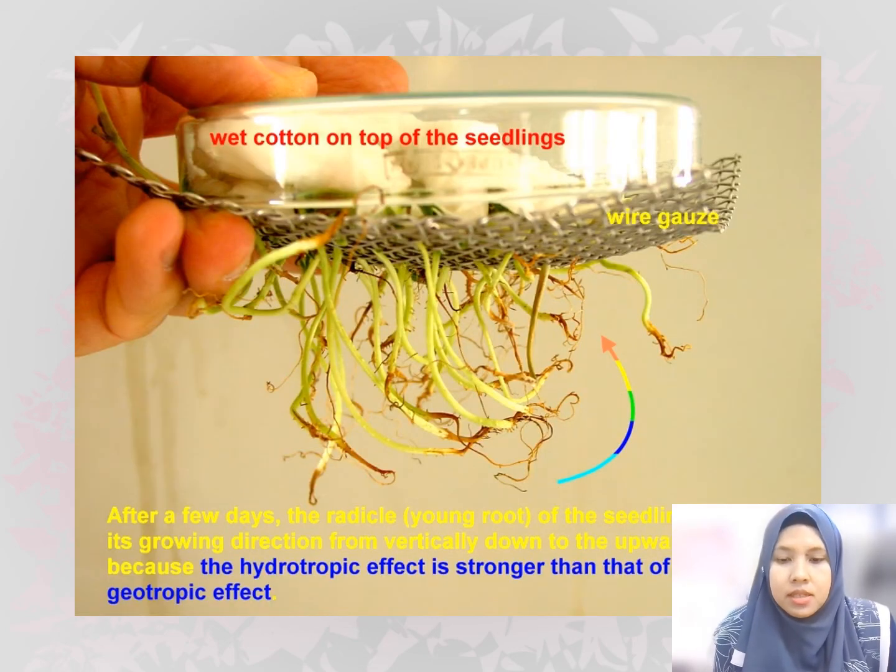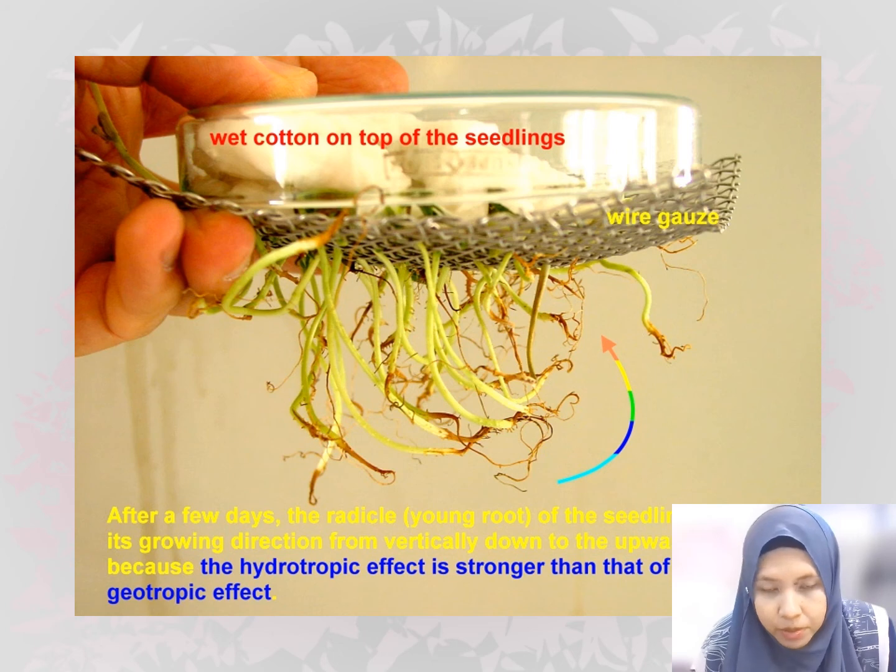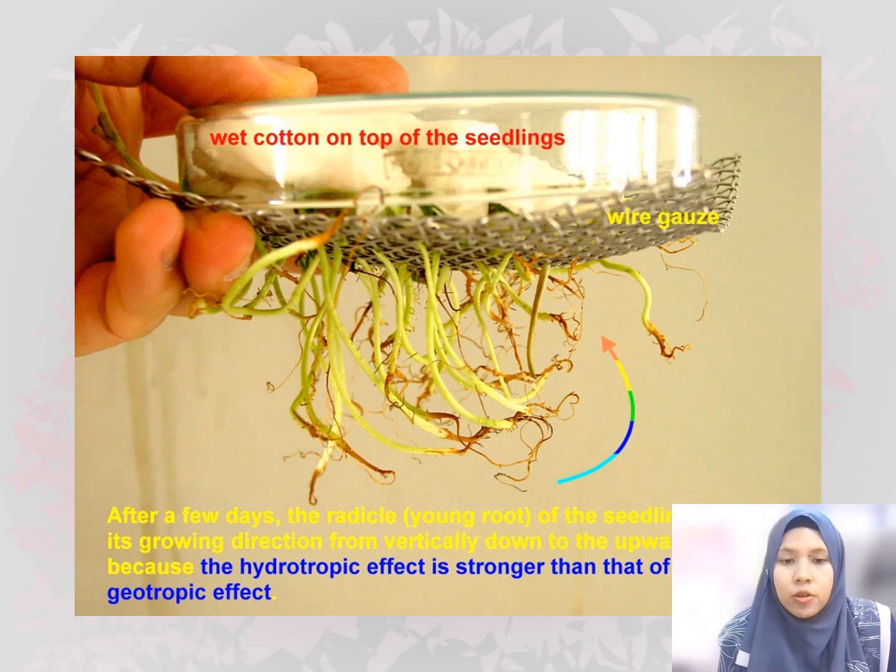I'm sorry because you can't read the whole thing. This is an experiment where they have a few seedlings on the bottom of a petri dish. On top of the seedlings, they put wet cotton as a source of water.